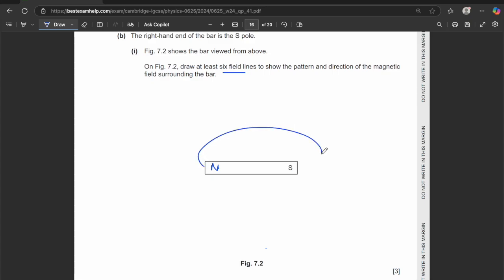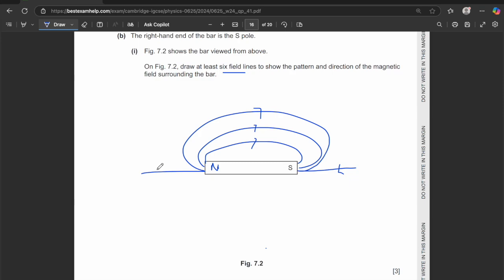You have to put the direction as well, the arrows. It is going from north to south like this, and then we can have 2 straight ones. Two and then 3.